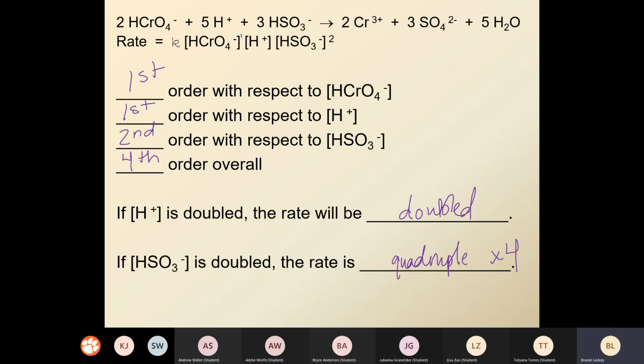So on the previous problem, I'm just going to write this over onto the side. The previous problem, we had the rate, which was molarity per second, is equal to K, and then it was molarity to the first and molarity squared. So that's all of the units.